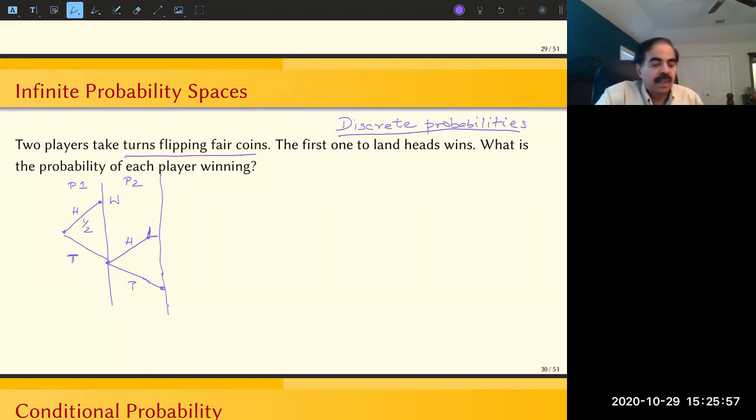So if both tosses come out tails, then player one goes again, and once again you have heads, there is a win, and tails, they have to continue, and then heads is going to be a loss, and so on, right?